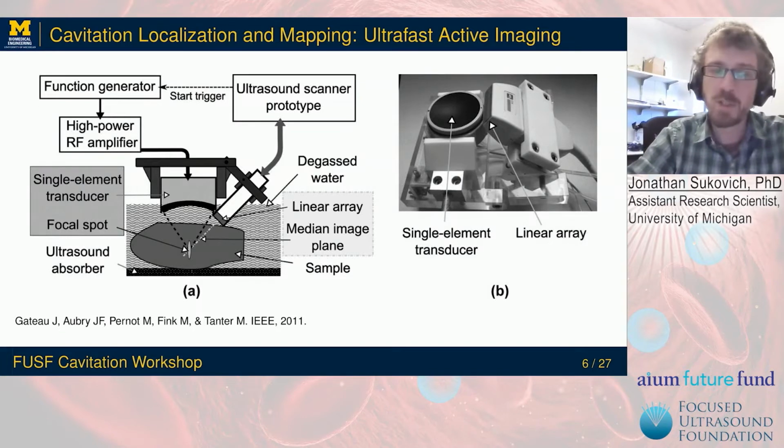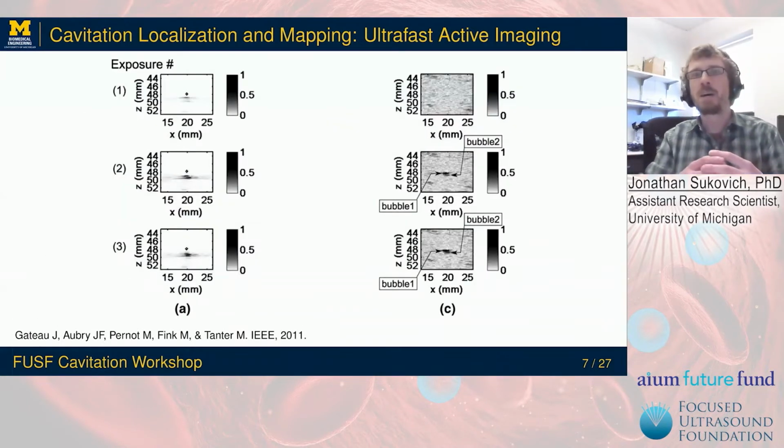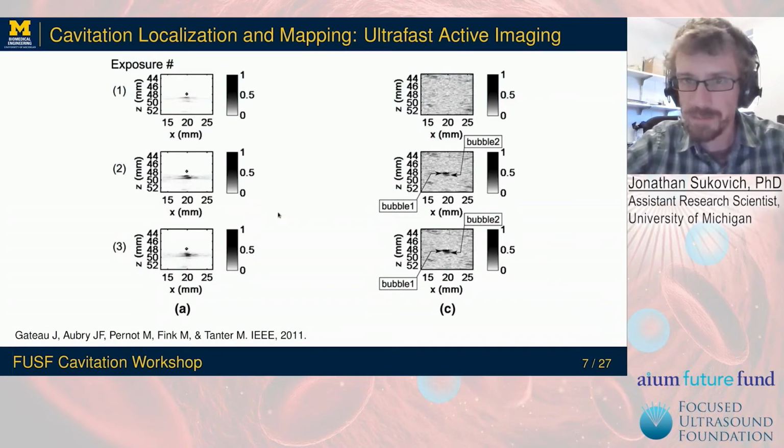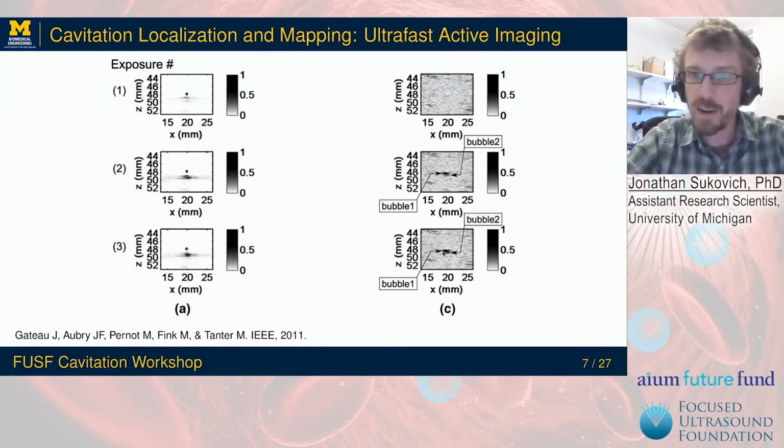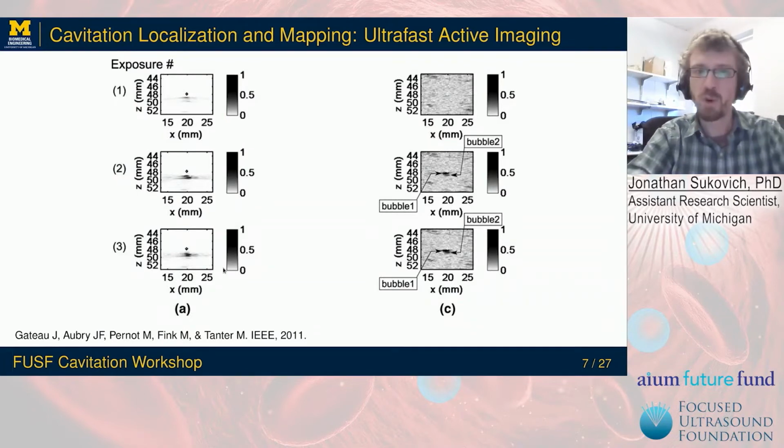That's been demonstrated before as well, where they were able to localize and map or image these bubbles using this ultra-fast imaging technique and identify these bubbles immediately after they were nucleated. And the results compared well with a passive beamformed image of the same thing.